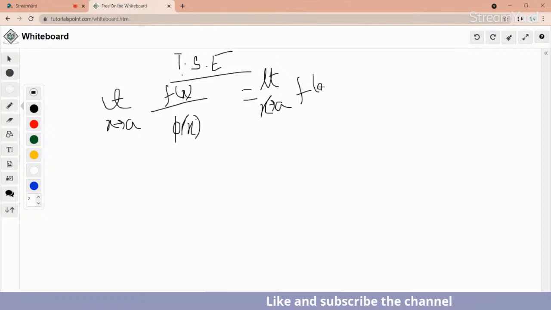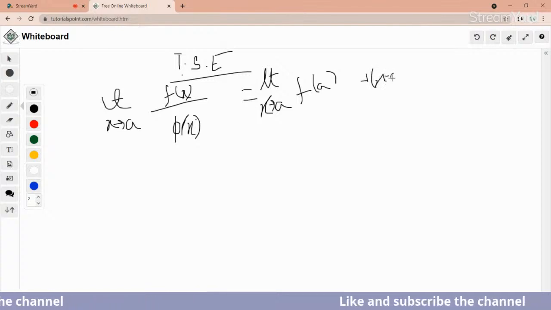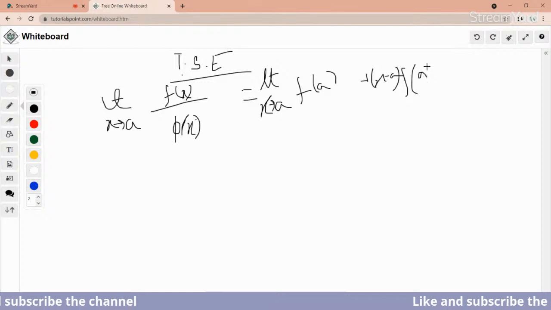We are doing this for the numerator, and it will be again x minus a. We'll just apply Taylor's theorem here, the general one, not the special case, because then it will come out as Maclaurin's theorem or something else.